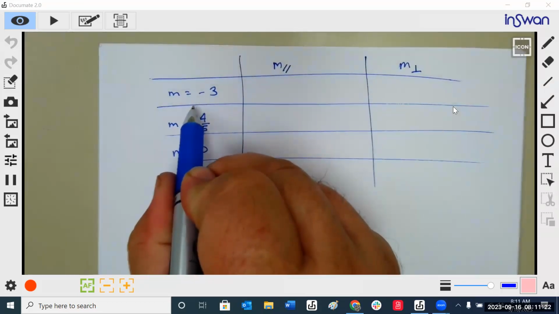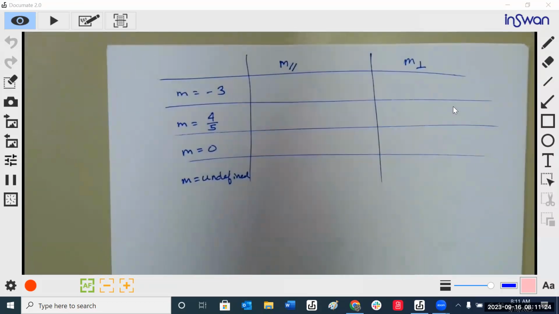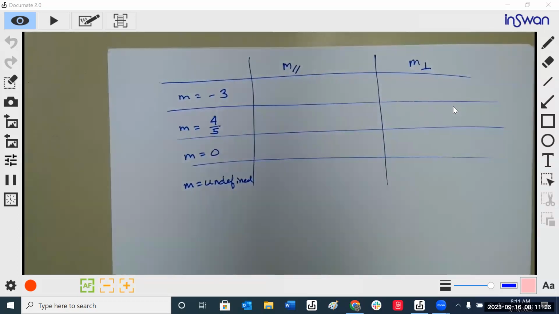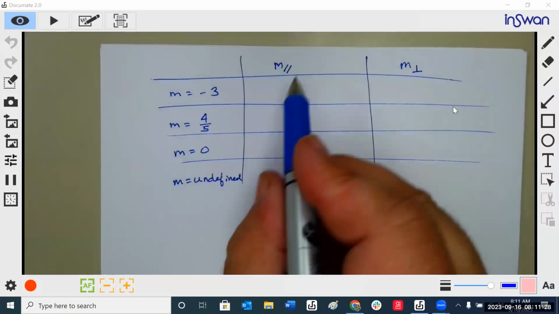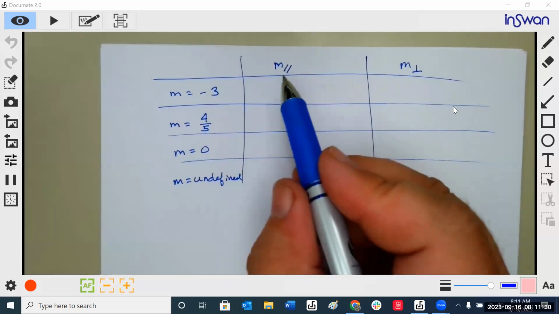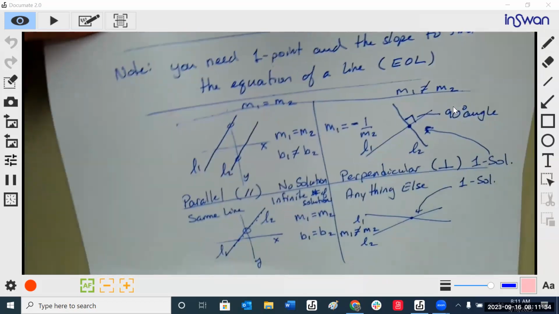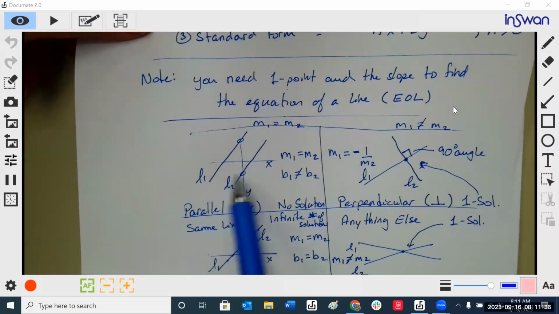So if the original slope is -3, the slope parallel, according to our chart here, means they have the same slope.